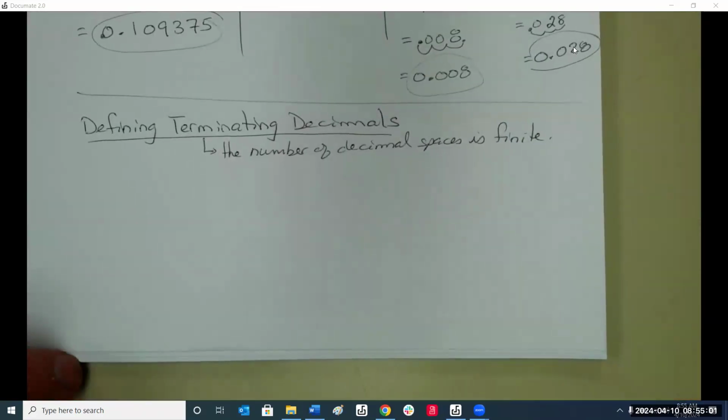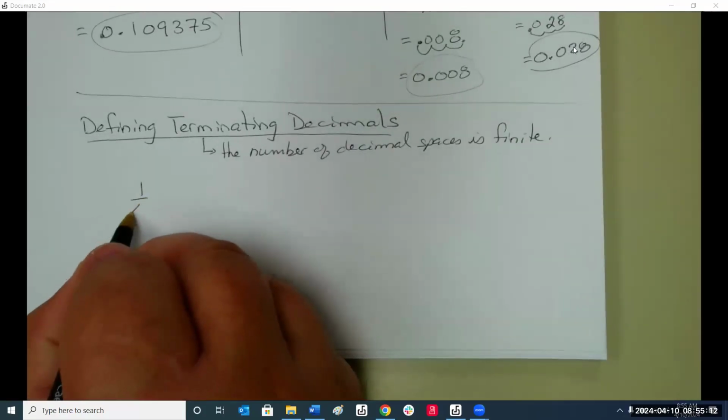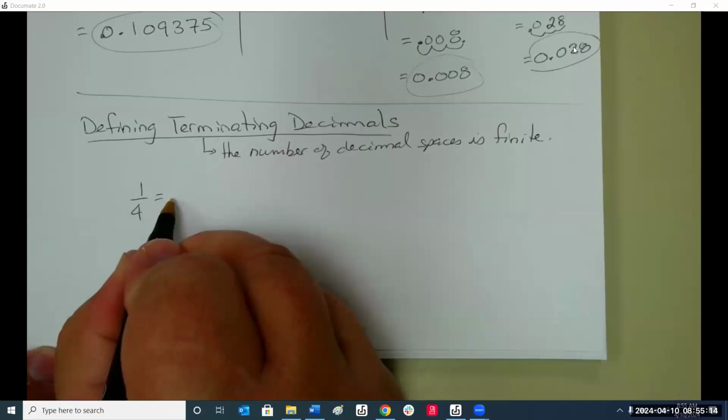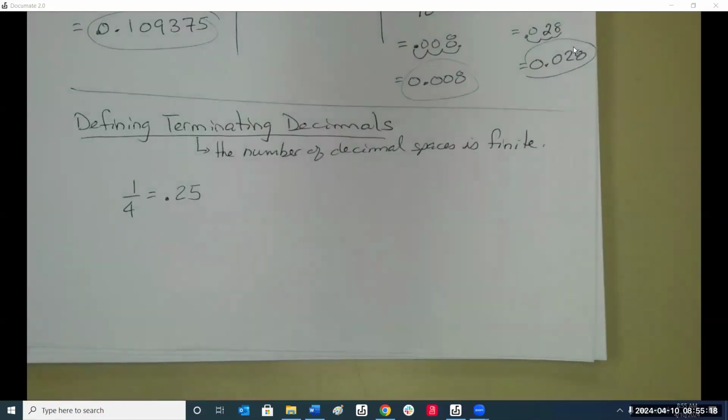There's an end to it. For example, 1 over 4 is 0.25. It stops.